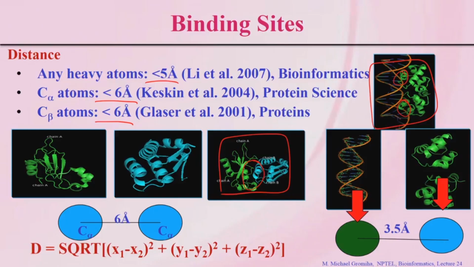You can use different criteria. If you understand the binding site residues and the type of interactions, which one will be better, which one gives the best data: C alpha, C beta or any heavy atoms? Any heavy atoms, because if you want to see the electrostatic interactions, that is between the atoms.